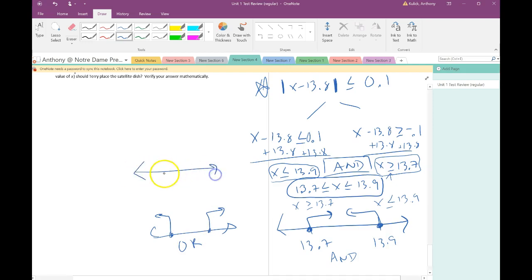If you got this, you made a mistake. It's probably because you forgot to do this. Oh, I'm sorry, this one is what I meant to circle. You forgot to flip the inequality symbol when you made the other side negative.